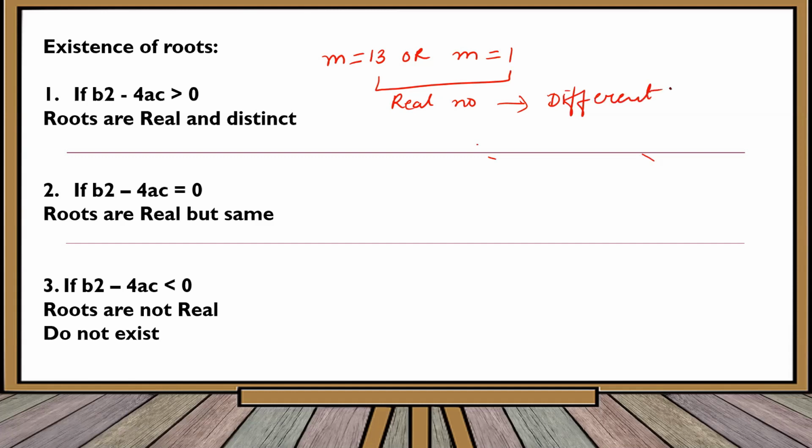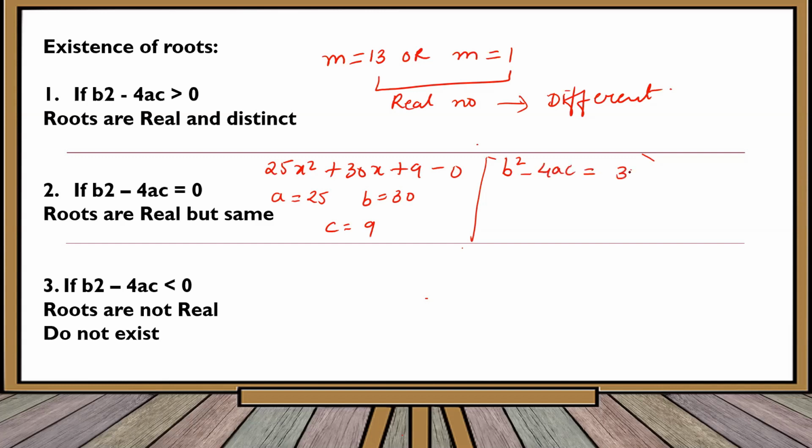Now, when b square minus 4ac is equal to 0, let's take an example: 25x square plus 30x plus 9 equal to 0. Comparing with ax square plus bx plus c, a is equal to 25, b is equal to 30, and c is equal to 9. Let's first find the discriminant, b square minus 4ac.